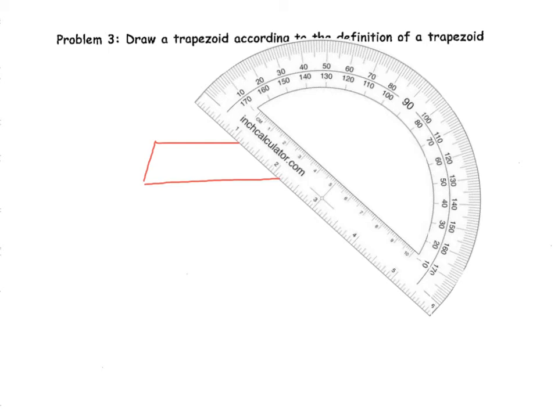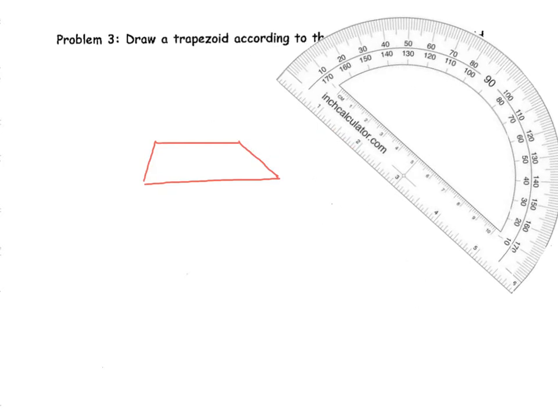Let's try that again. Alright, so now I have my trapezoid. I have the set of parallel lines. They won't intersect. So I label them with a dash showing those are parallel.